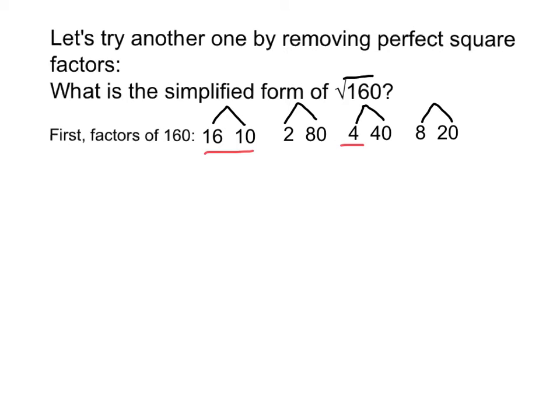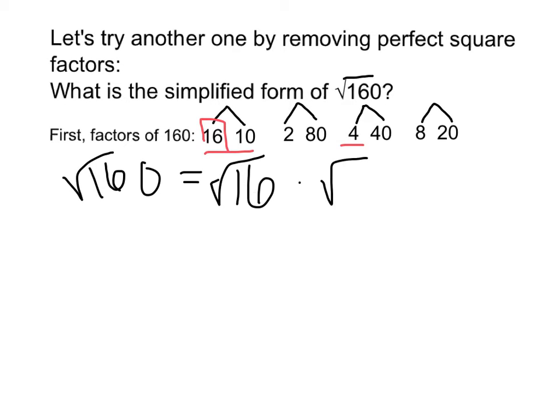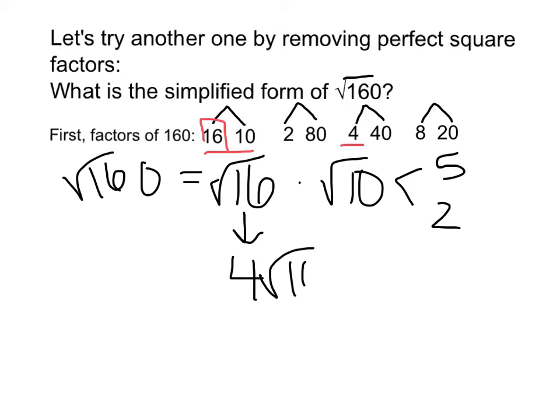Well, we always want to go with the biggest perfect square that we have, which in this case is 16. So our square root of 160 turns into the square root of 16 times the square root of 10. Now we know that the square root of 16 is simply 4, and since 10 doesn't have any more square root factors, we leave it as the square root of 10.